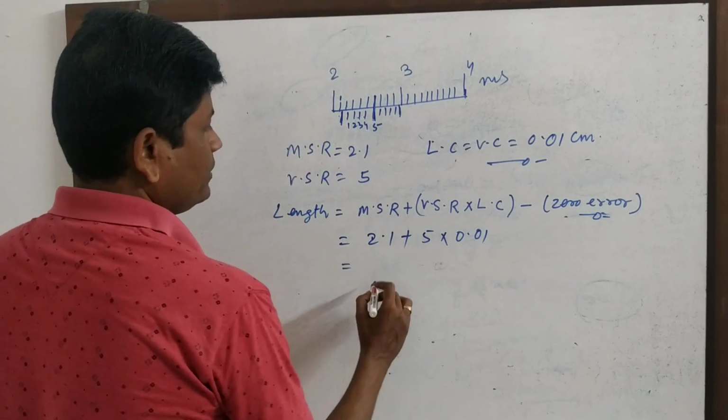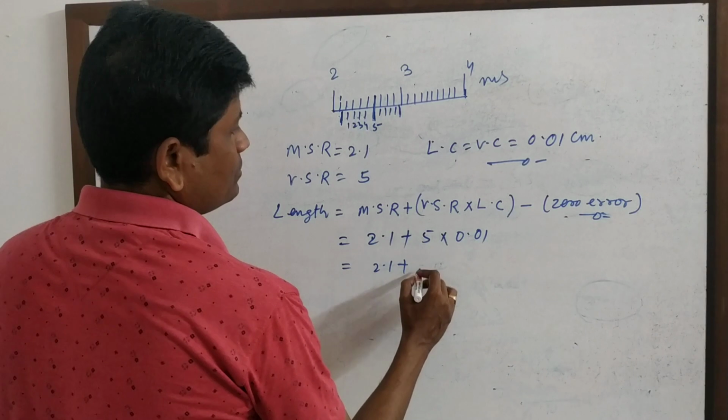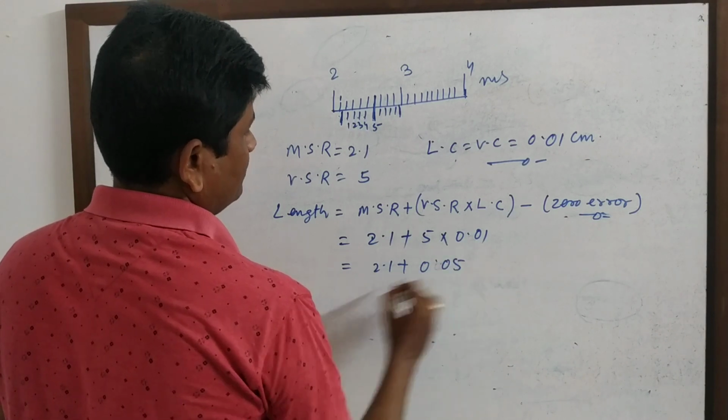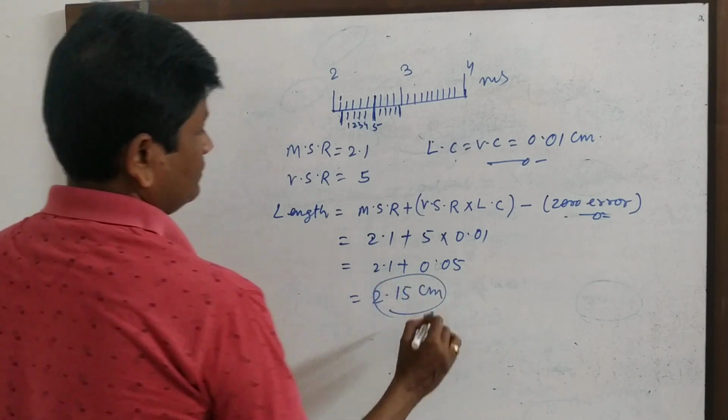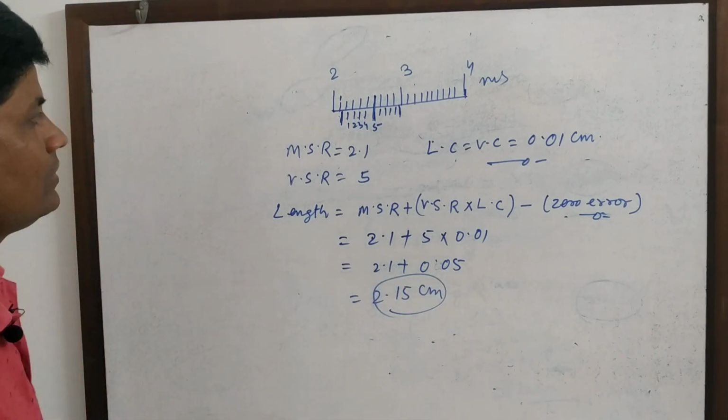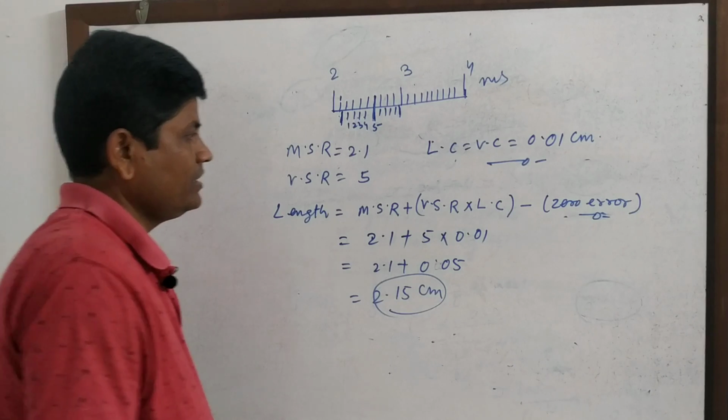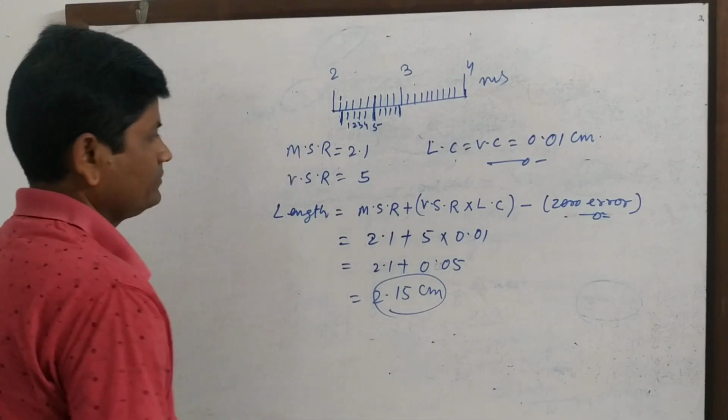Then the length of the rod is 2.1 plus 0.05, equal to 2.15 cm. This is how the reading of the vernier scale is taken.